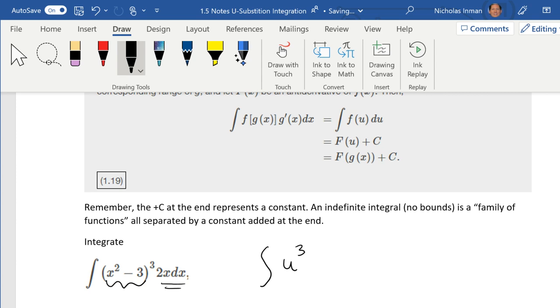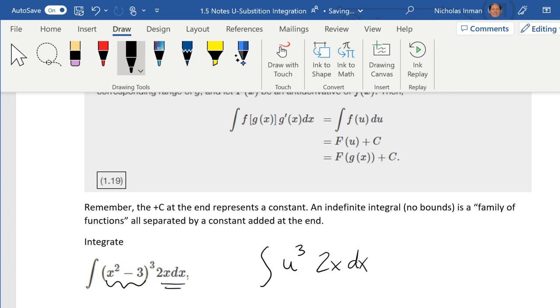All right, so the u-substitution says, well, hey, when you're taking now the integral with respect to u, let's differentiate this. Let's find du, the derivative of our u variable.